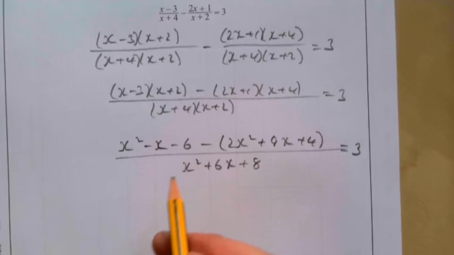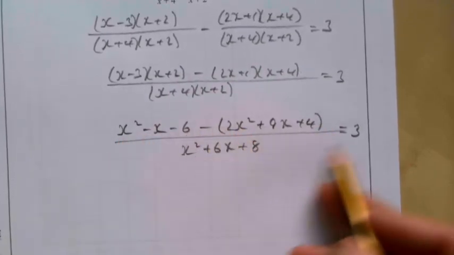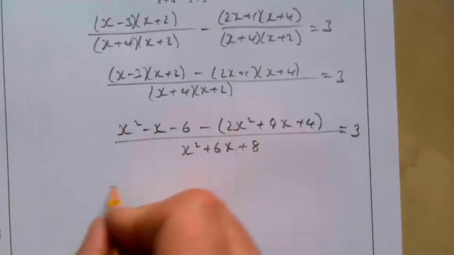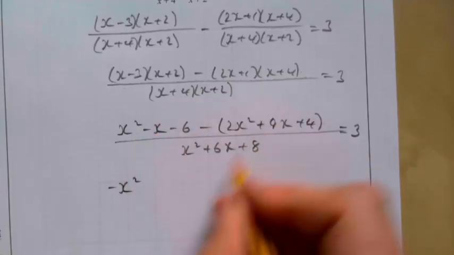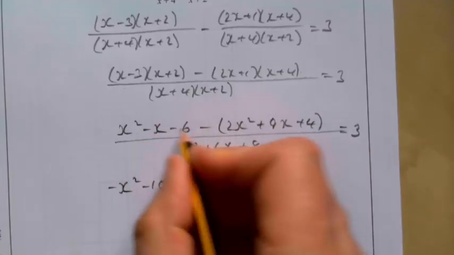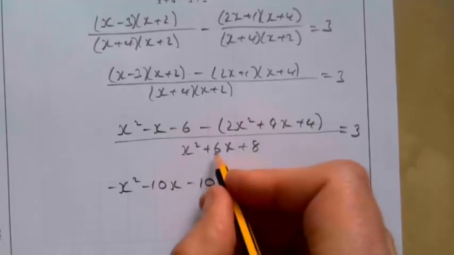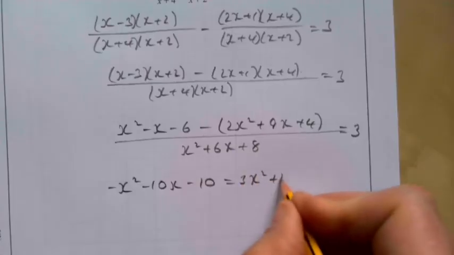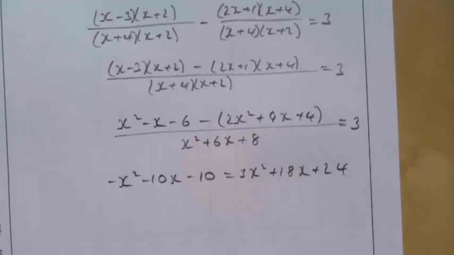I'm going to do a couple of moves here at once. I hope you're okay with this. I'm going to take away this, and then multiply up like this. X squared minus 2x squared gives me minus x squared. Minus x minus 9x is minus 10x, and minus 6 minus 4 is minus 10. Times this by the 3 gives me 3x squared plus 18x plus 24.